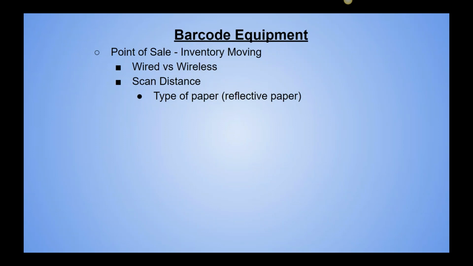The type of paper that you're going to print your barcodes on, maybe your bins, that especially people like maybe being able to scan a bin from a long ways away. You could buy special reflective paper that's really expensive, but you could go 30 feet away with this special reflective paper. Or you just use normal paper and then you can only go 10 feet away, right?